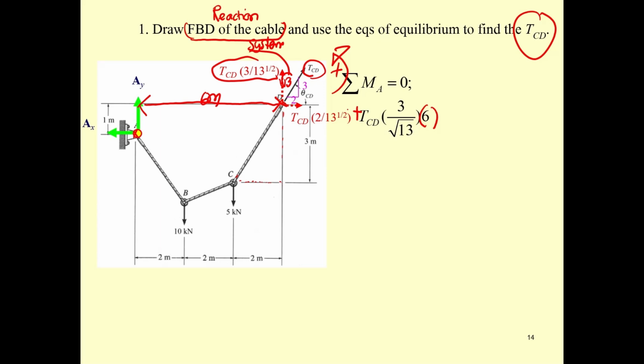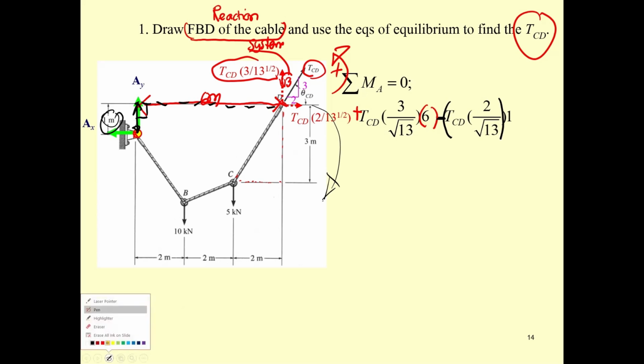And then there is another component that is projected along the line of the force in this direction, and the moment arm of this one is going to be 1 meter. However, the rotation is in this direction, so negative. The force times the moment arm of 1 meter, you get this one.